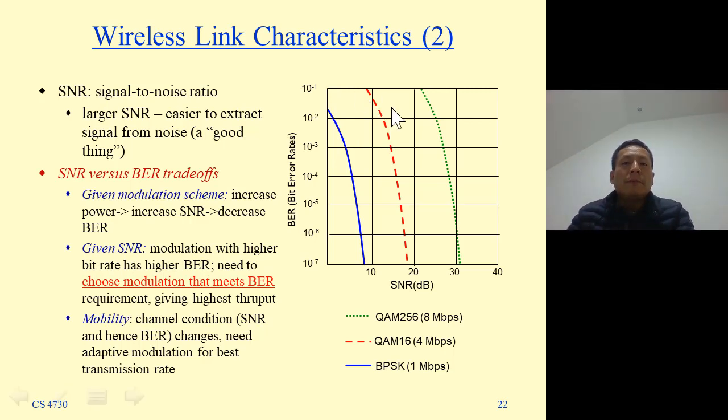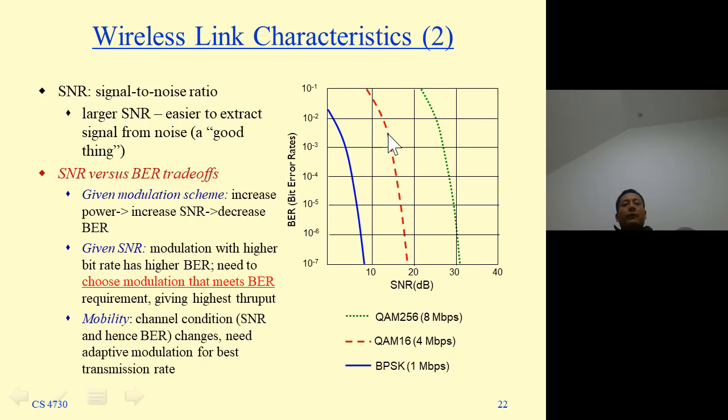Then you have to make a wise decision. For example, if you don't want the bit error rate to be too high, and the signal goes bad, you have to make some compromise.